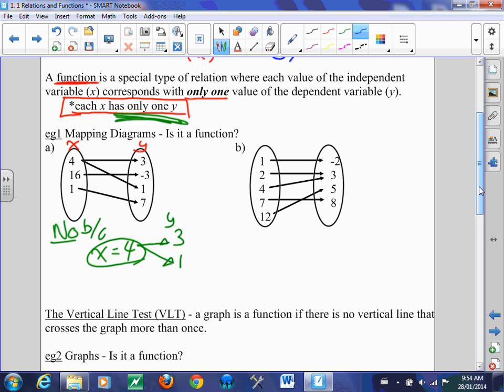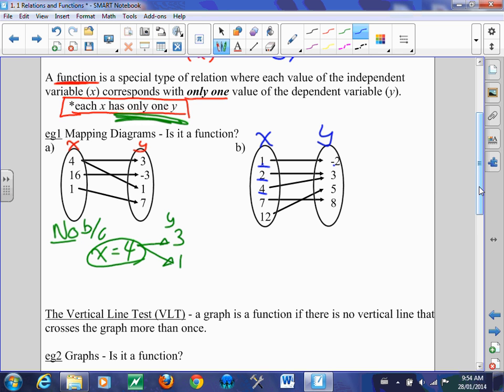Let's take a look at the second example here. Again, this is my x and this is my y, or my independent and dependent variables. Okay, does each x go to its own y? Okay, so when x is 1, it goes to -2. When x is 2, it goes to 3. When x is 4, it goes to 3, but guess what? That's still each x has its own y. The y can be repeated, it's just the x that can't be shared to two of those.